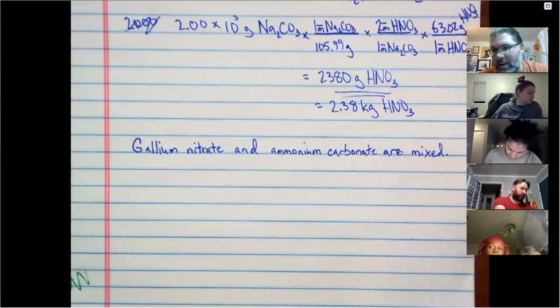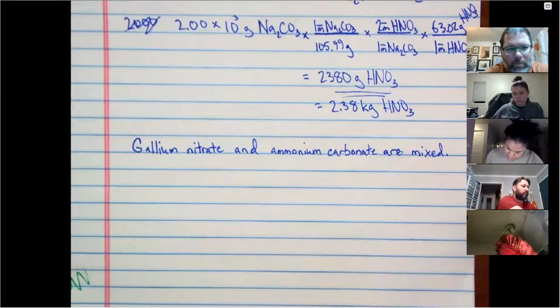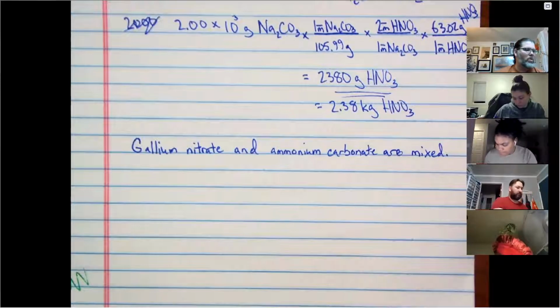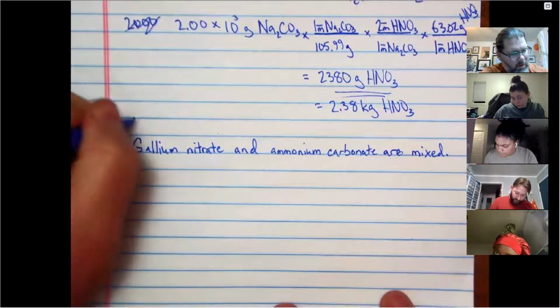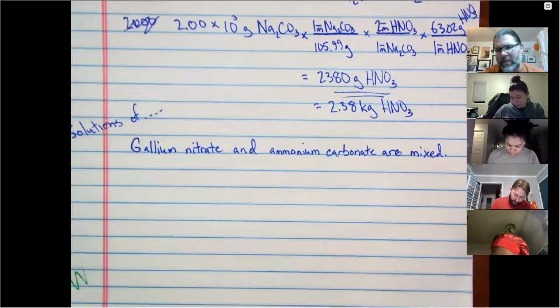Try and write for me the balanced chemical equation for mixing those two things together. And I should be more specific. Solutions of gallium nitrate and ammonium carbonate are mixed. So these are both dissolved in water at the beginning.